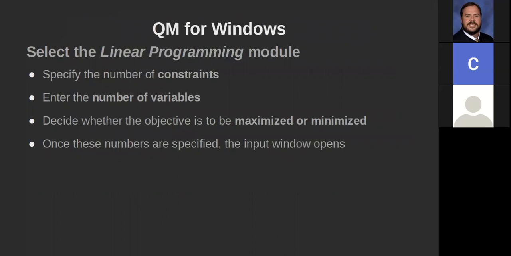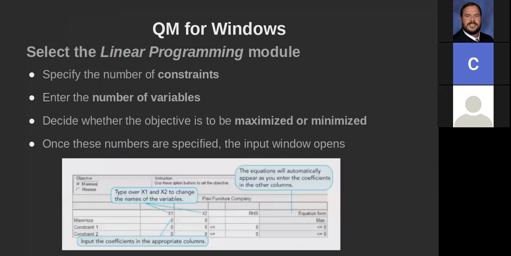When using QM for Windows, you'll first want to select the linear programming module. Once you're on the page, you will specify the number of constraints and enter the number of variables. There's a place in the upper left corner where you will choose whether the objective is to be maximized, as in profit, or minimized, as in cost.